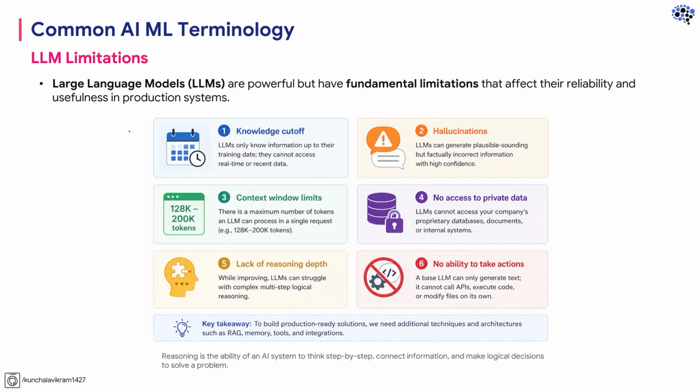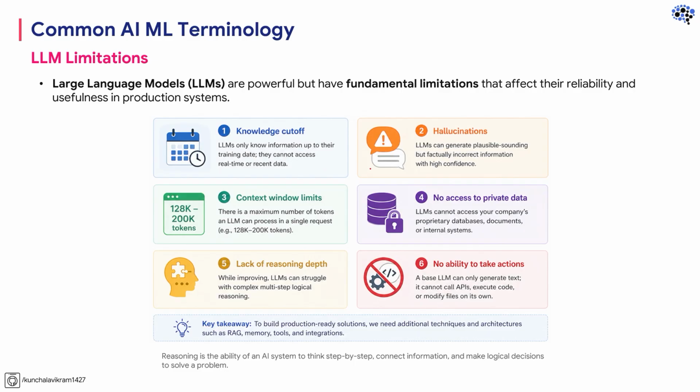For example, if I'm training today, the model will have all the data until today, but not what will happen tomorrow. If I ask a question tomorrow related to the current scenarios, it may not be able to answer. That is called knowledge cutoff.